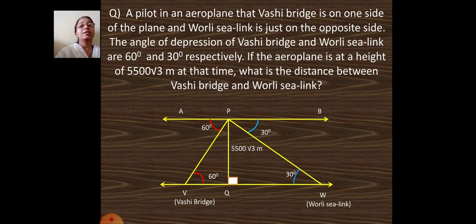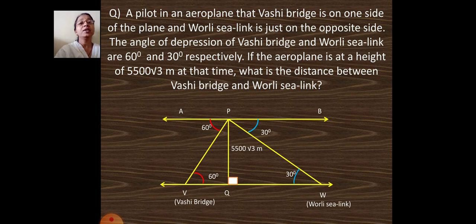Then the pilot observes Vashi Bridge first, making an angle of depression of 60 degrees, that is angle APV is equal to 60 degrees. Secondly, he observes Worli Sea Link making an angle of depression of 30 degrees, that is angle BPW is 30 degrees. Right? In this way our diagram is complete, and let us try to solve this.